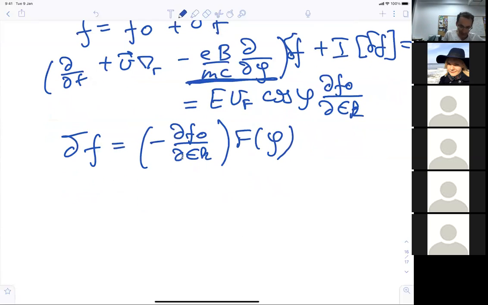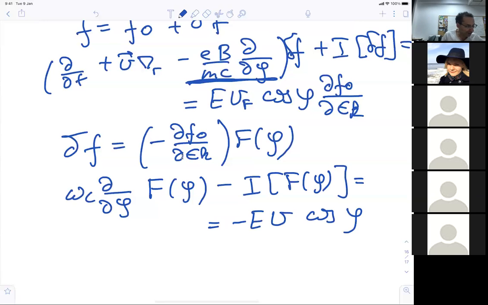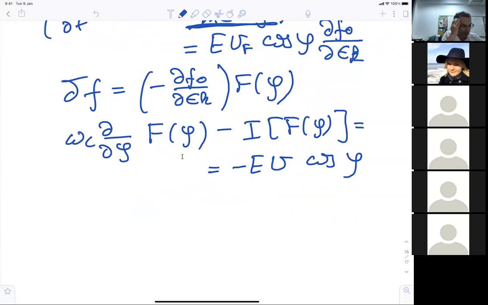And for this function, we get omega c d over d phi acting on f, minus the collision integral acting on this function, is equal to minus the electric field times v times cosine phi. I might be missing the electric charge. I don't see it right now, but maybe it's okay. Where omega c is equal to eB over mc.